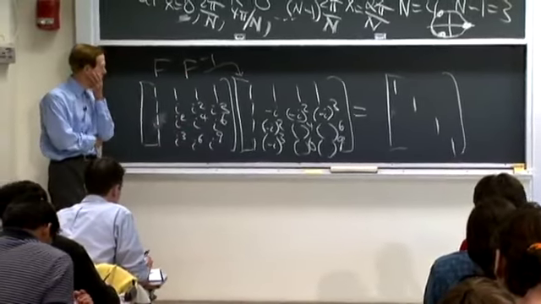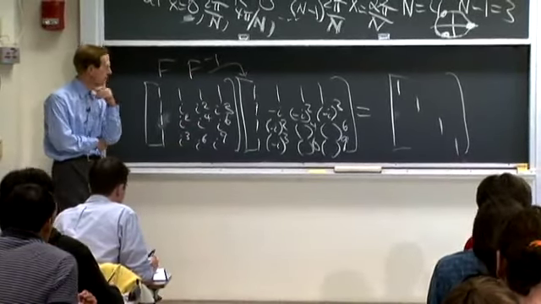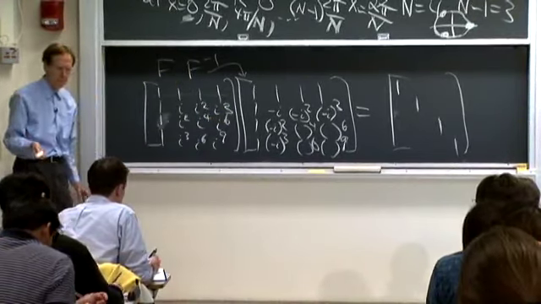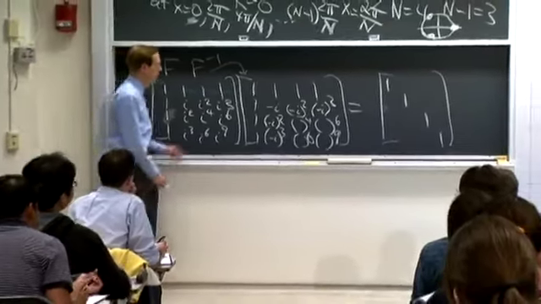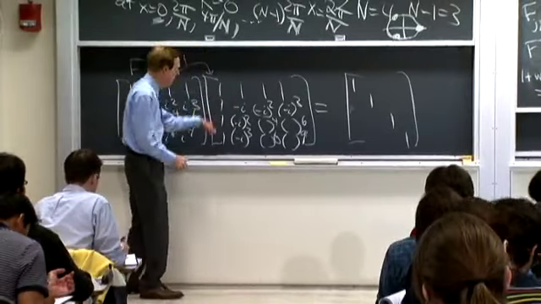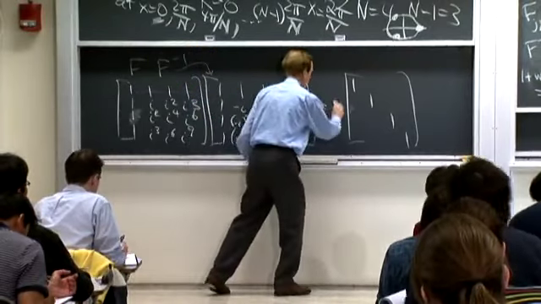Now, do you see that coming? When I multiply this by this, what do I get? 4. If they were n by n, I'd have n ones against n ones, so I'd expect an n there.